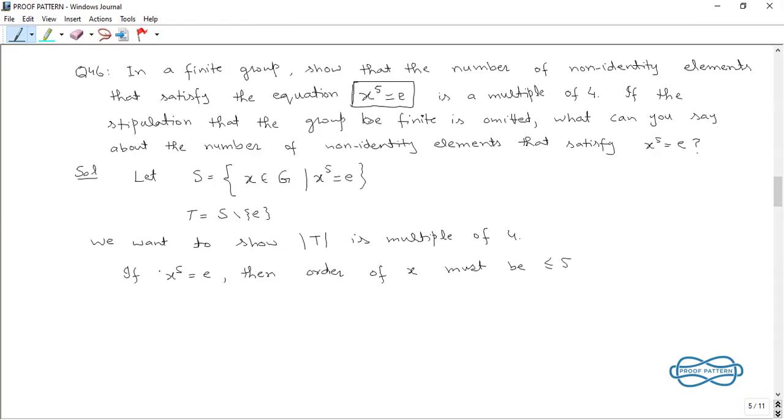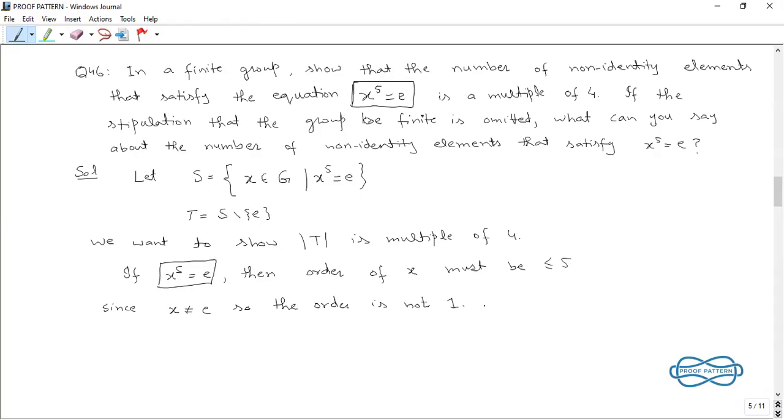And if x gives identity with the power 5, then it is clear that the order of x will be less than or equal to 5. Since x is a non-identity element, the order is not 1. This is clear.